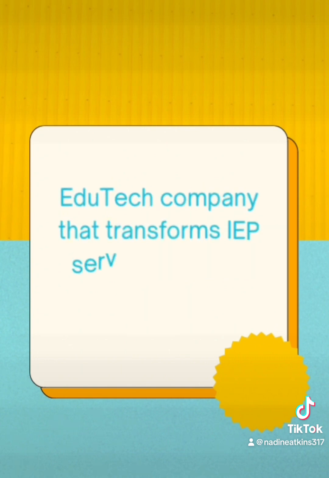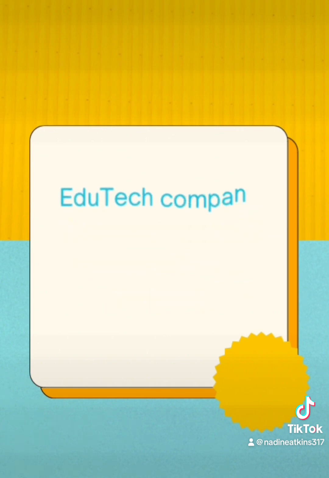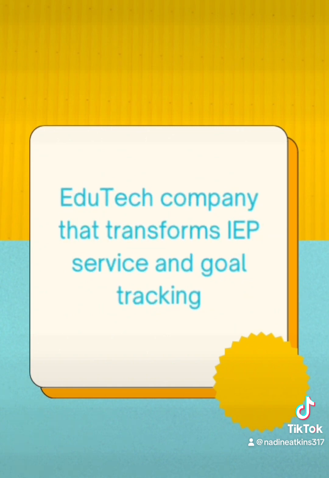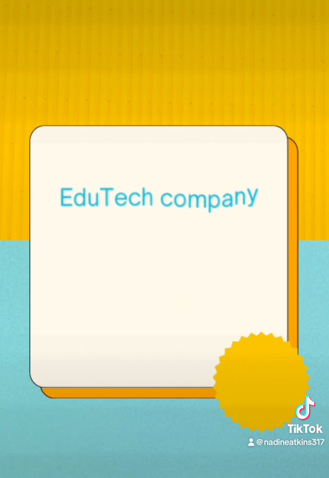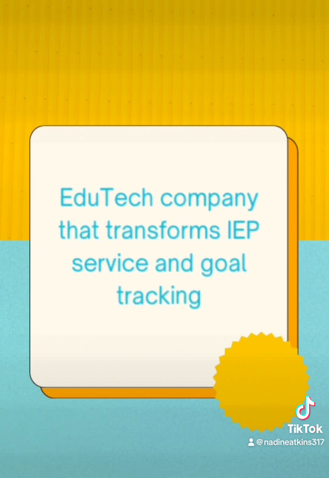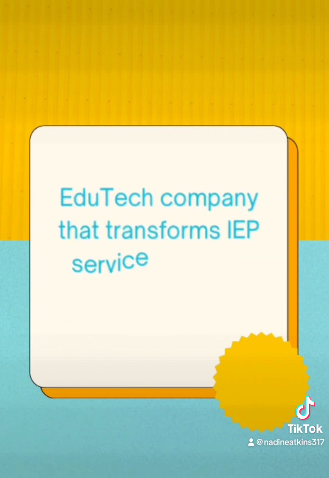Because as a special education teacher, I was used to doing my inclusion logs for my students based on the services I'm providing for them. I would have to document, looking at the goals for the student, what goals or objectives were being taught that day. I'd have to document all of that on my sheet.